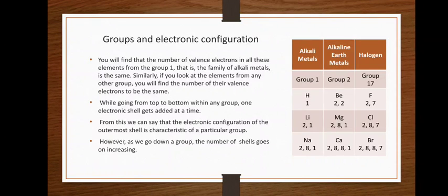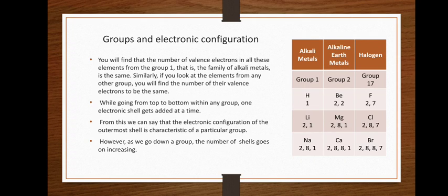Now groups and electronic configuration. Let us talk about that first. You will find that the number of valence electrons, meaning the number of electrons present in the outermost shell, is the same in all these elements from group 1, that is the family of alkali metals, correct?